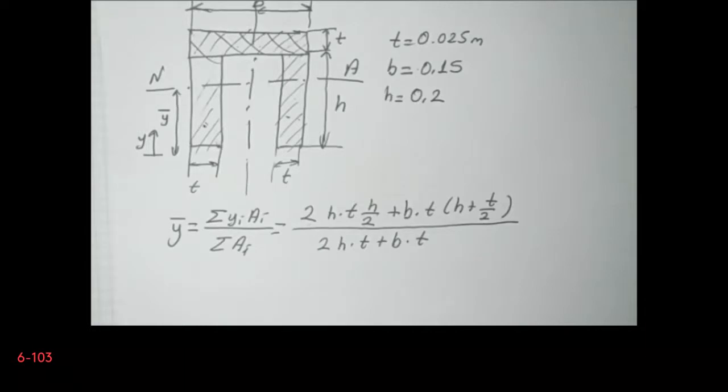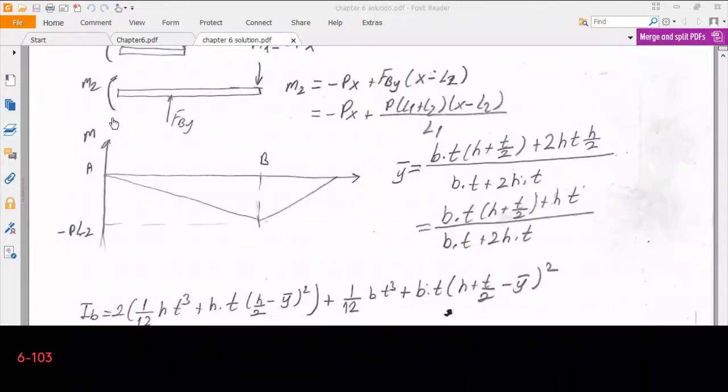So let's calculate the value. So it is 2, h is 0.2 multiplied by t, 0.025, multiplied by h divided by 2.